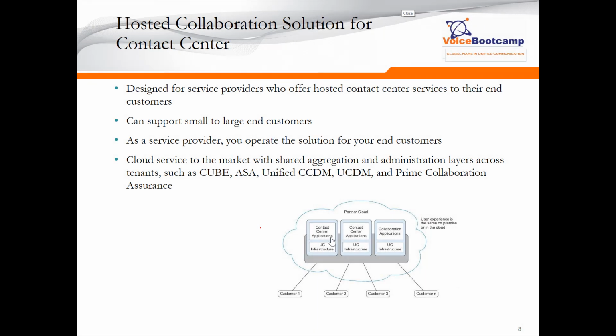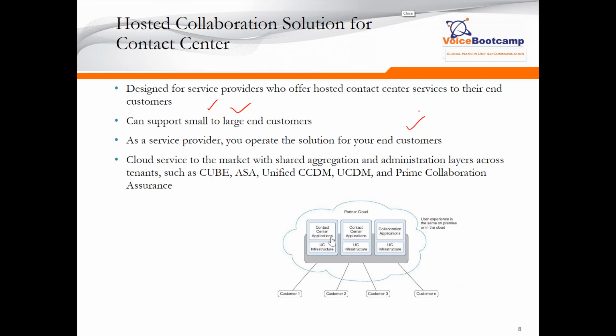Hosted, on the other hand, offers a cloud service to the client and supports small to large scale customers. Your end customers can lease agents based on their need and then grow, as opposed to investing too much in hardware or infrastructure.